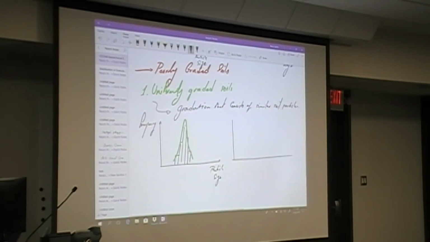And Roy, how would the cumulative distribution look like here? Oh, like a narrow one. Yes. Let's call this one condensed S-curve.